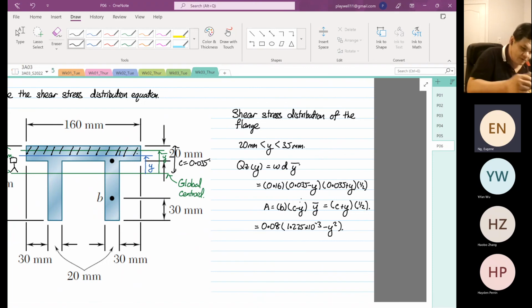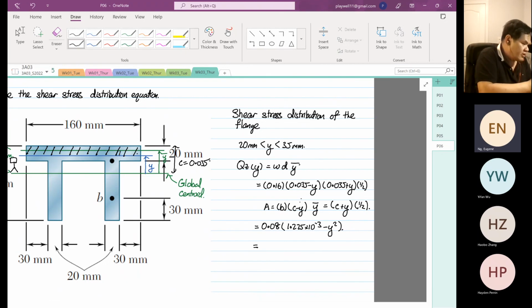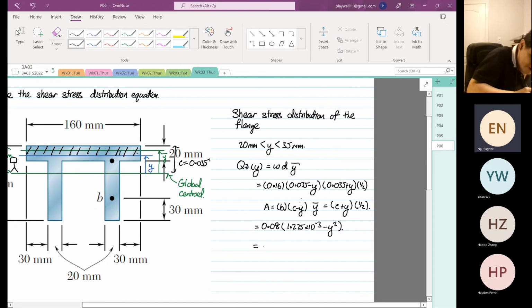When we incorporate everything, putting in 0.08 times 1.225 times 10 to the power minus 3, we get 98 times 10 to the power of minus 6 minus 0.08 y squared. Once you have this, you can find the expression of the shear stress now.